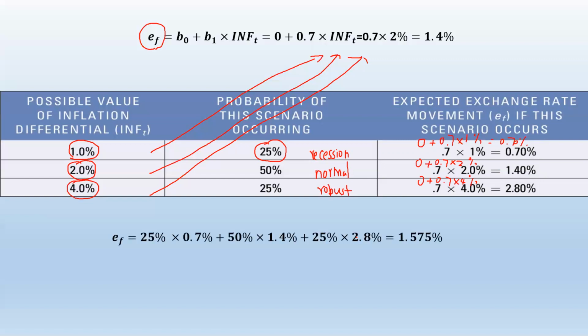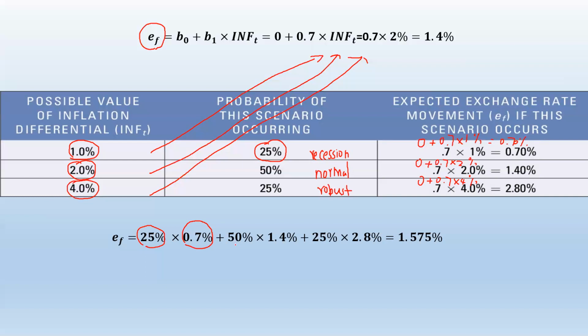And then we can find out the expected value over all those scenarios. So the first scenario, the probability that this scenario happens is 25%, times the percentage change of the British pound under these scenarios.